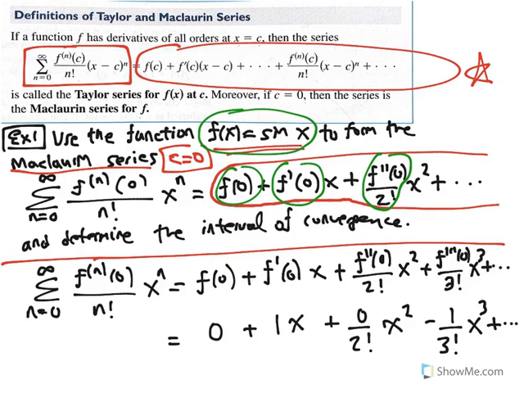And it would be easy for me to write additional terms because I know of the repeating pattern of 0, 1, 0, negative 1. I can use that to write additional terms if I'd like to.